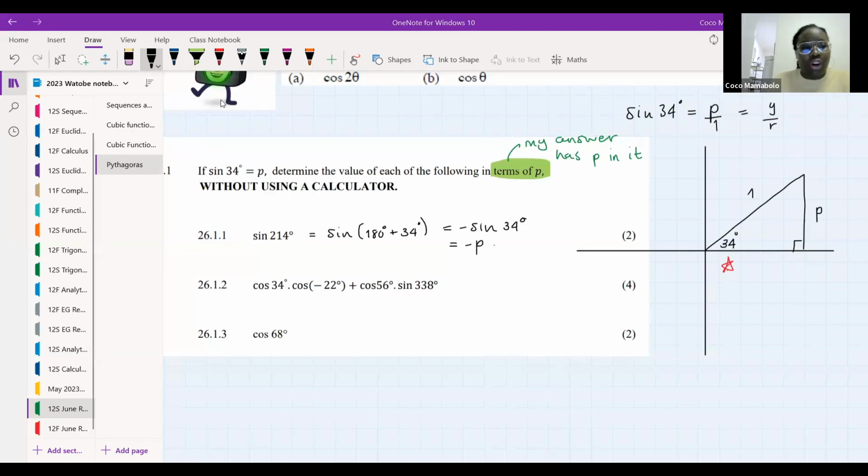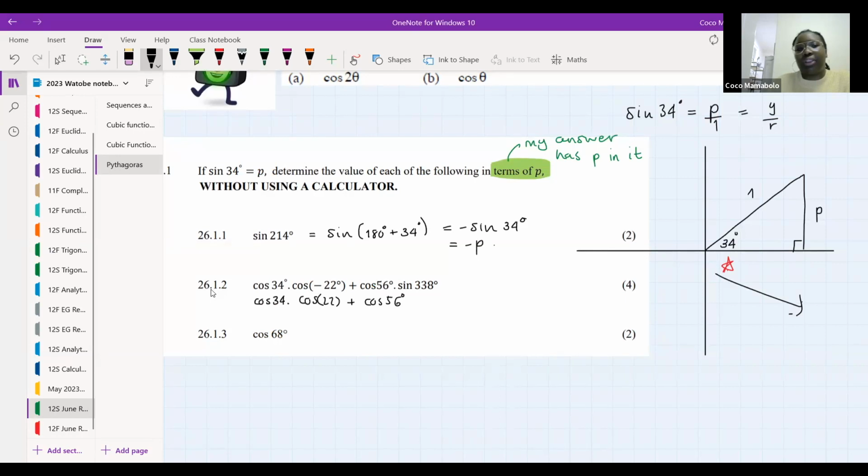Awesome. All right. If I look at point 1.2 over here, I'm just going to clean this up a little bit. I know that I'm going to get cos of 34 degrees, and cos of negative 22 will still fall in this quadrant, so it'll still be positive. So it'll just be cos of 22, plus cos of 56 degrees.